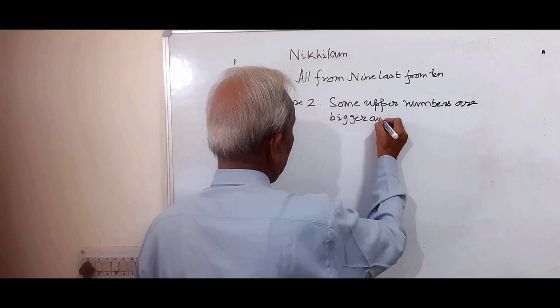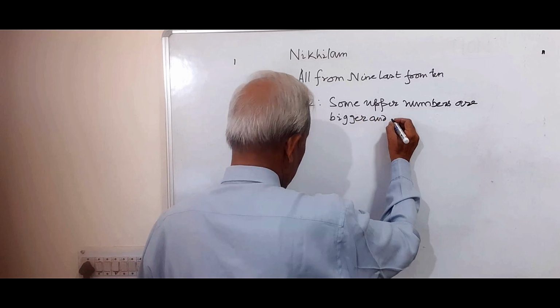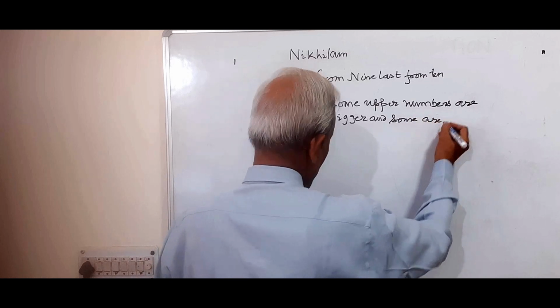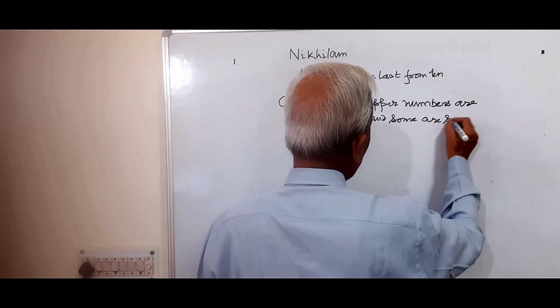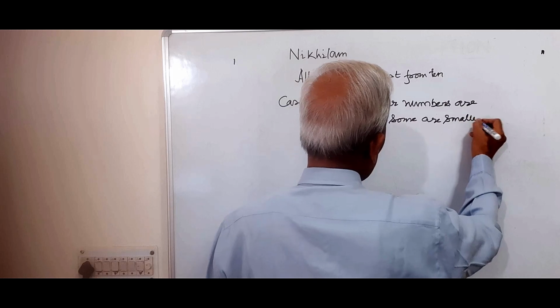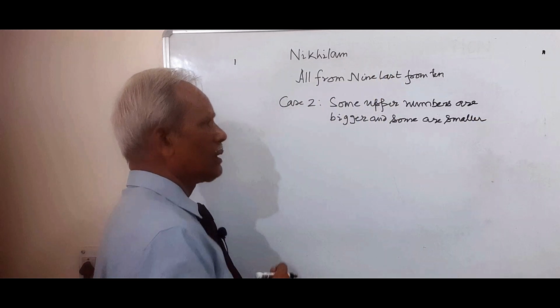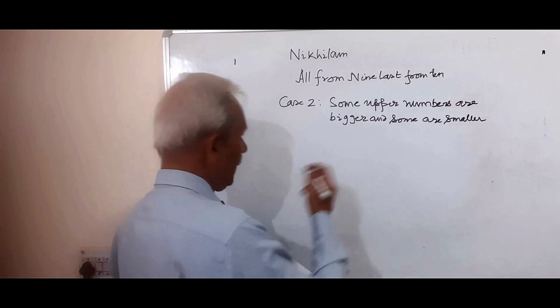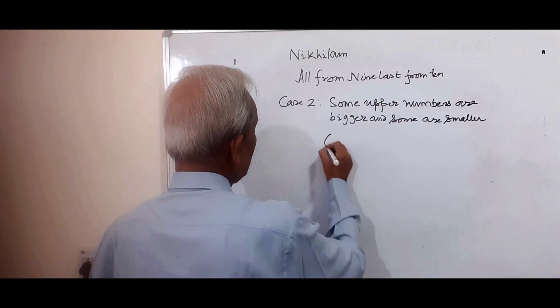So some of the upper numbers are bigger and some of the upper numbers are smaller. So there is a mix of these two. Let me see an example.